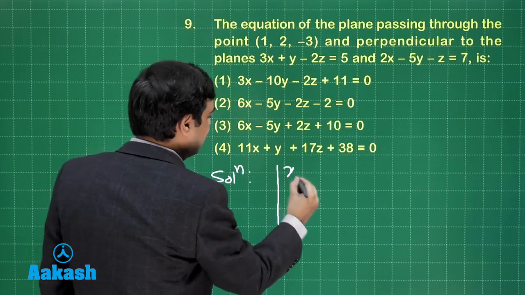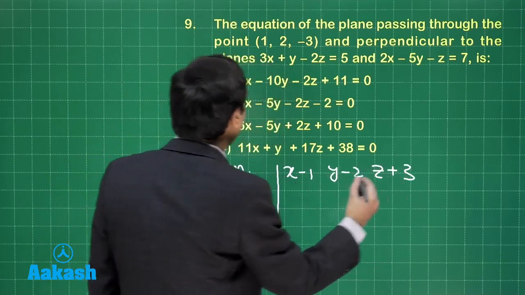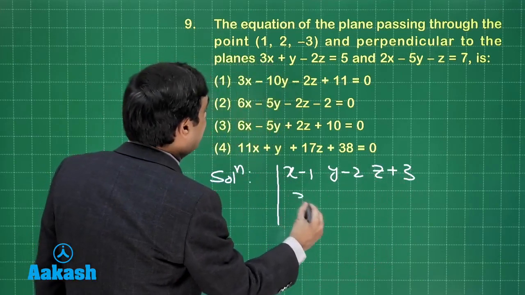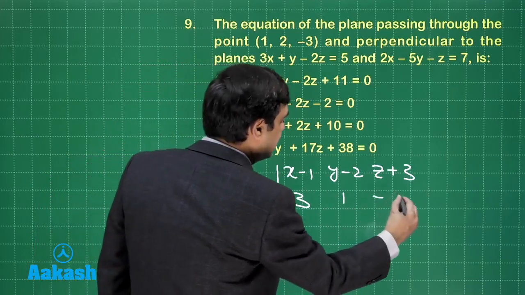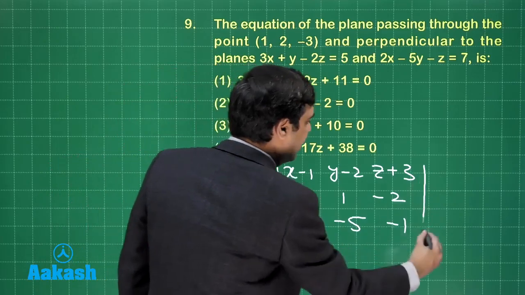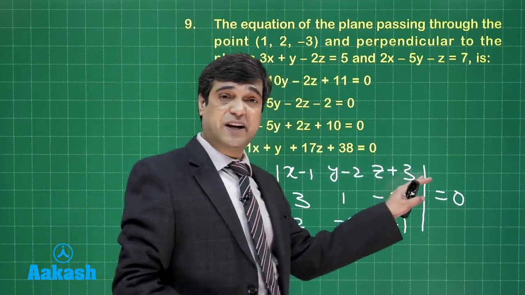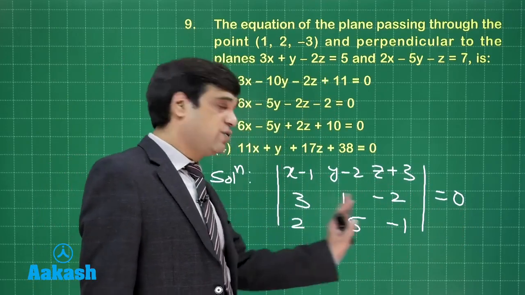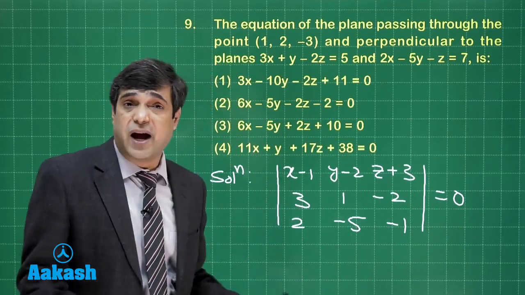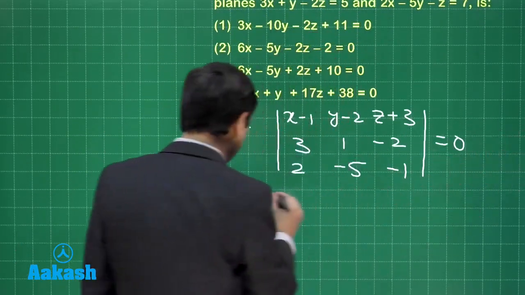Next, the simple result here is that the required equation of the plane is the determinant of x minus 1, y minus 2, z plus 3, then 3, 1, minus 2, and 2, minus 5, minus 1, is equal to 0. x minus x1, y minus y1, z minus z1, a1, b1, c1, a2, b2, c2 equals 0 is the required equation of the plane. Simple one. Just simplify this determinant.